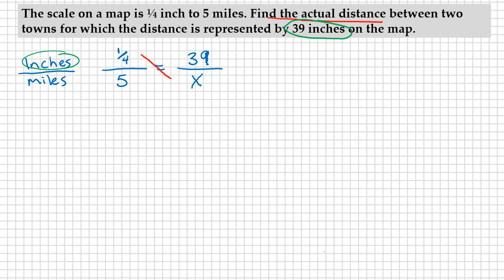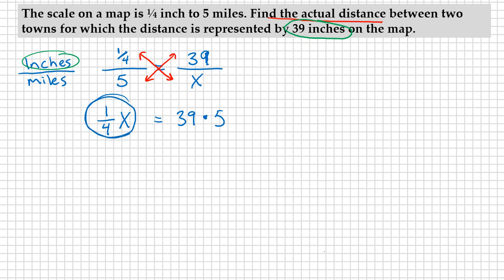And we can cross multiply. 1/4 times X is equal to, we'll cross multiply the other way, 39 times 5. Now, this 1/4 times x, I'm going to write that in a more compact form.